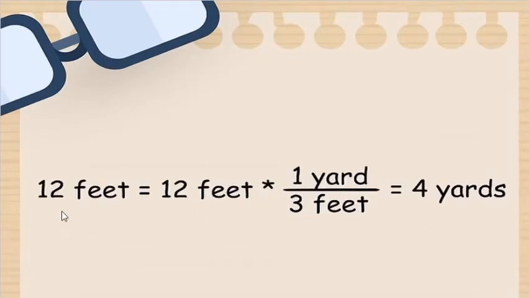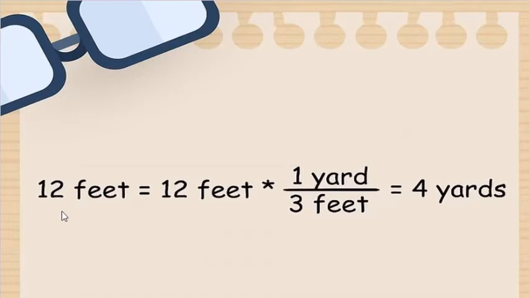So when you're beginning with a measurement in feet that you want to convert to yards instead, you can set up a simple equation using the conversion ratio. As long as the conversion ratio is correct and is equal to 1, the value of the measurement will be unchanged.